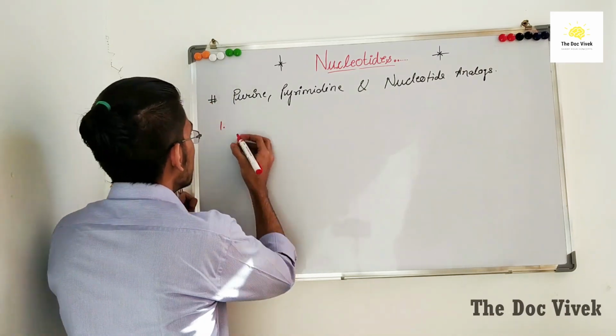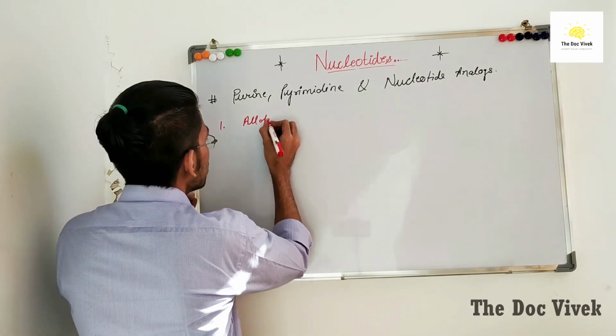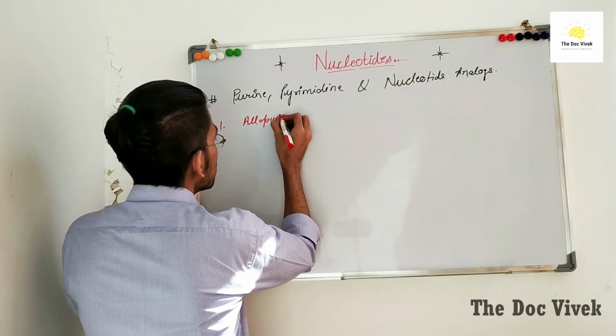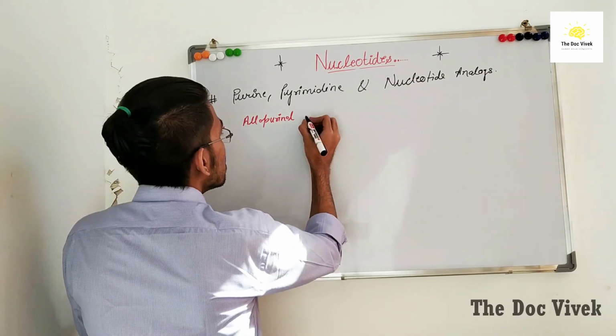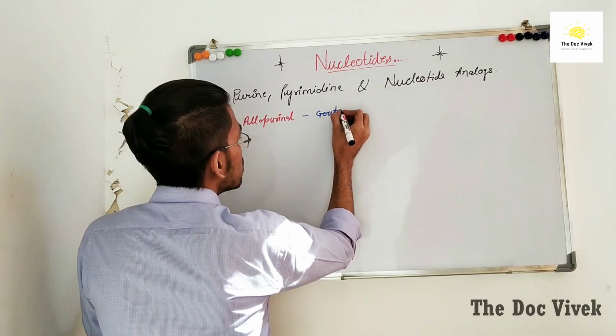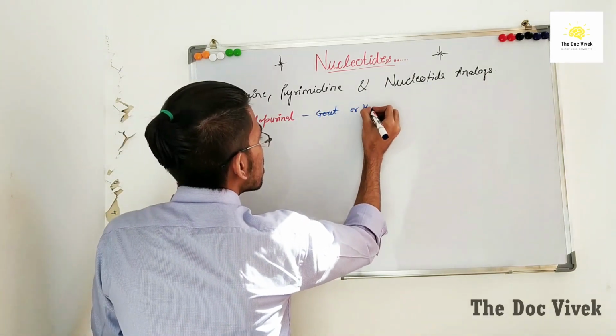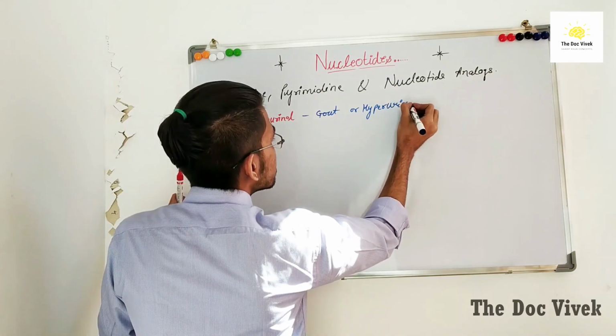Okay, so the first one is allopurinol. Allopurinol is used for the treatment of gout or hyperuricemia.